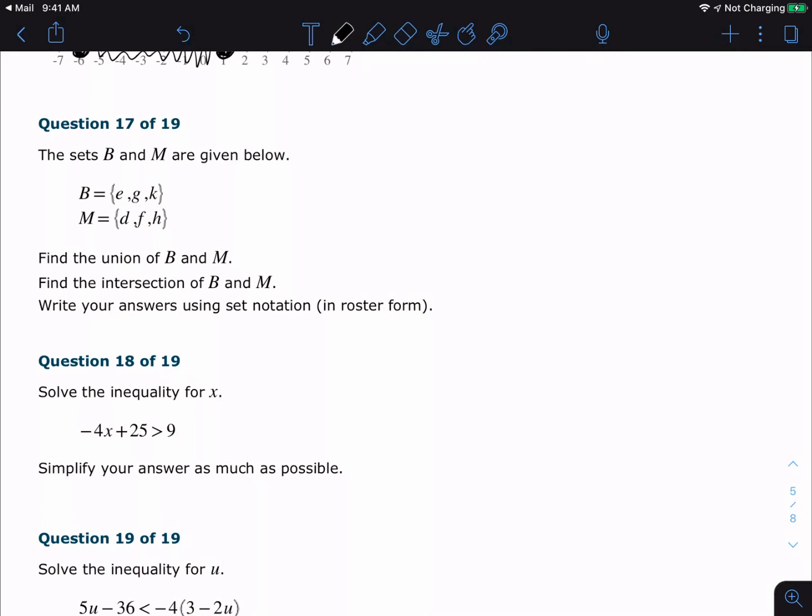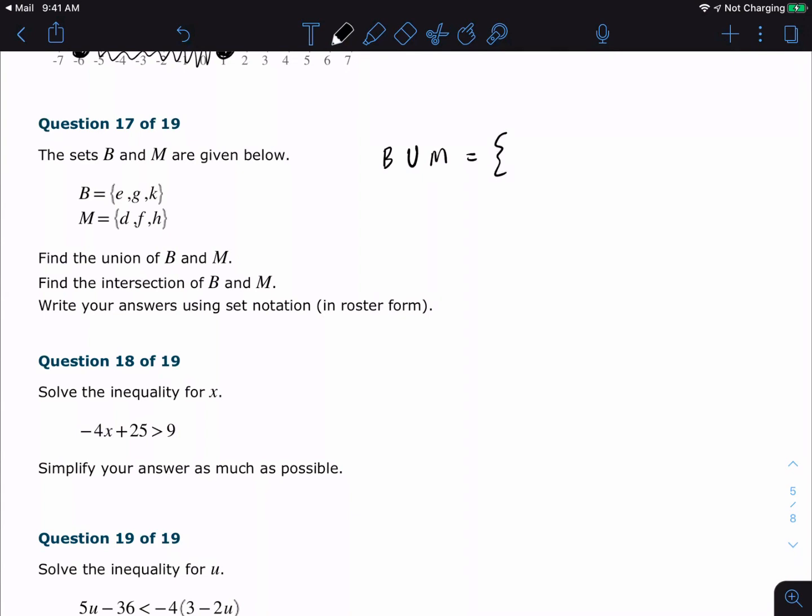And we have two sets. We're trying to see from these sets, the union, B union M, is just saying list everything without repeating.